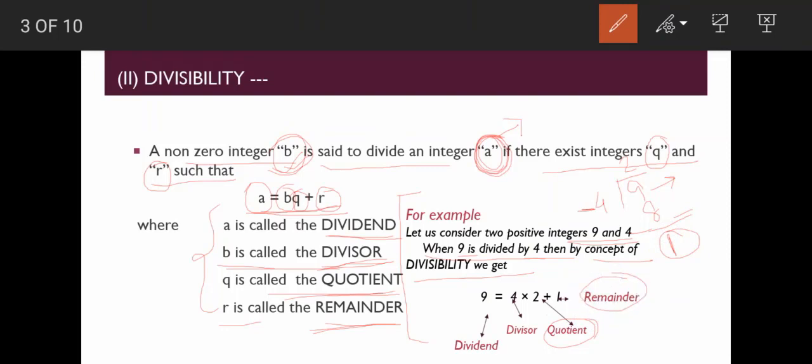When we put it in the form of the division algorithm, dividend is equal to divisor into quotient plus remainder, we get 9 is equal to 4 into 2 plus 1. So that's all about divisibility.